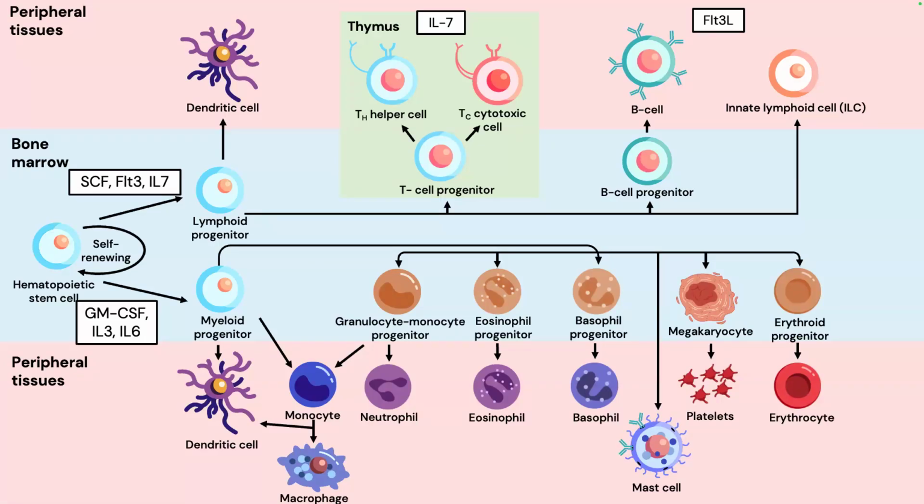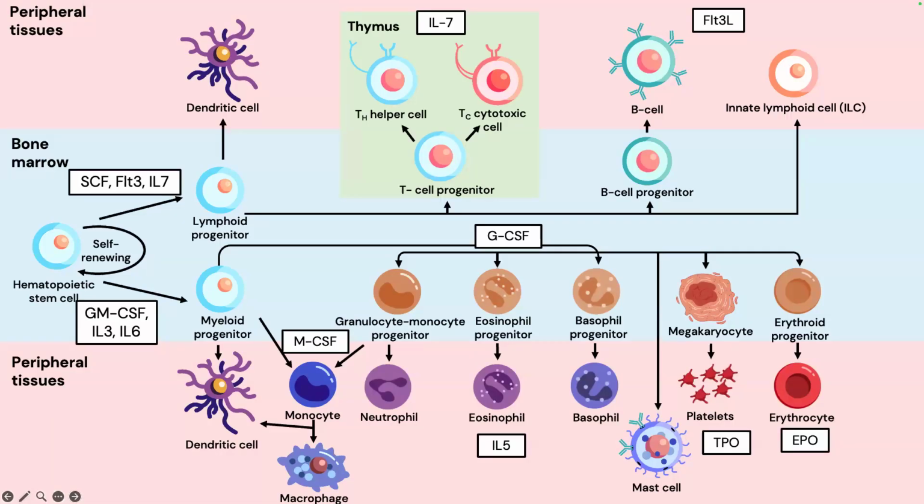The other group are called lineage-specific growth factors, and these stimulate differentiation and survival of a single lineage. So lineage-specific growth factors are signaling molecules. They're often cytokines, and they guide the developing cell toward a very particular type of mature cell, like a red blood cell.